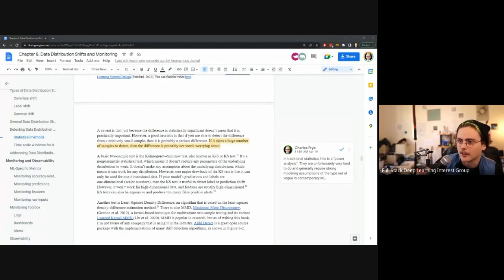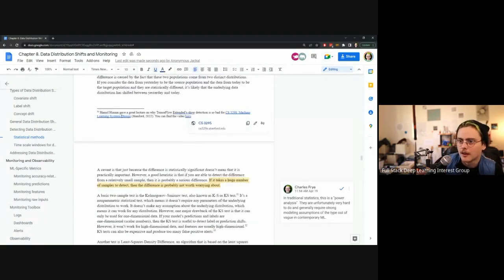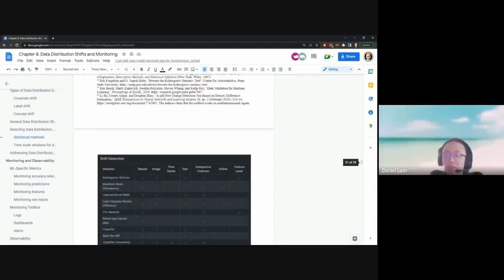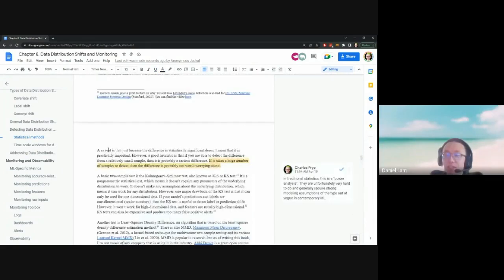I think there's a link to a lecture Hamel Husain gave on why the statistics-based methods aren't super useful in the real world for detecting distribution changes. I think that link is about why the TensorFlow tool isn't that good.